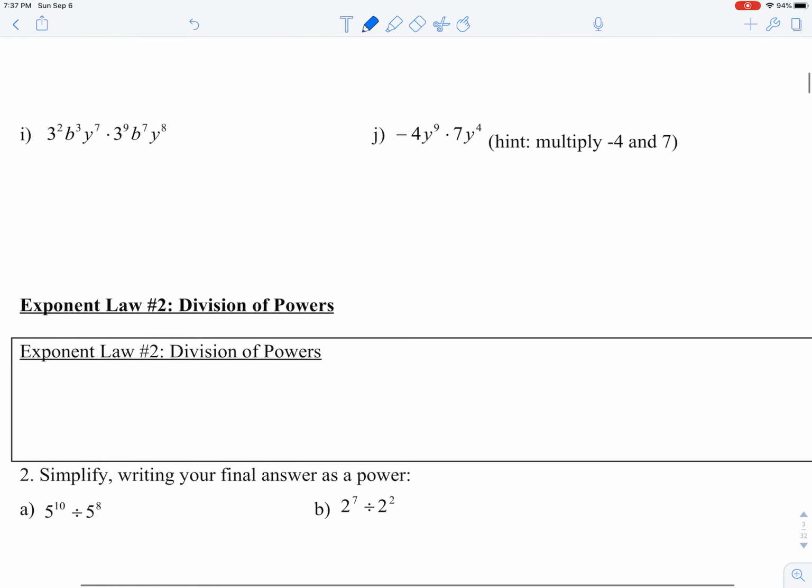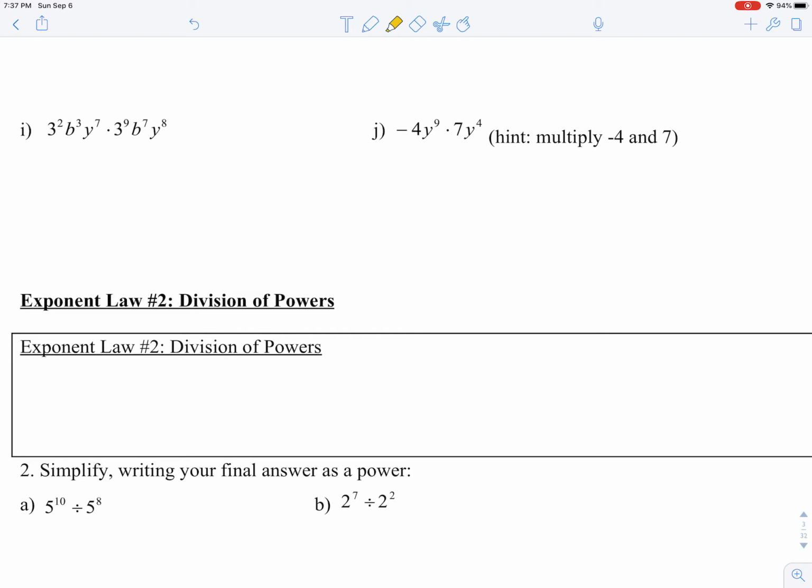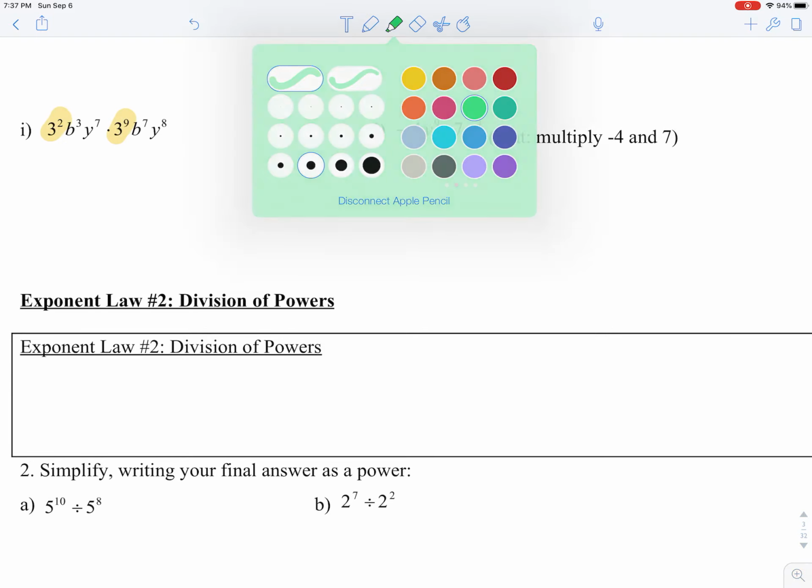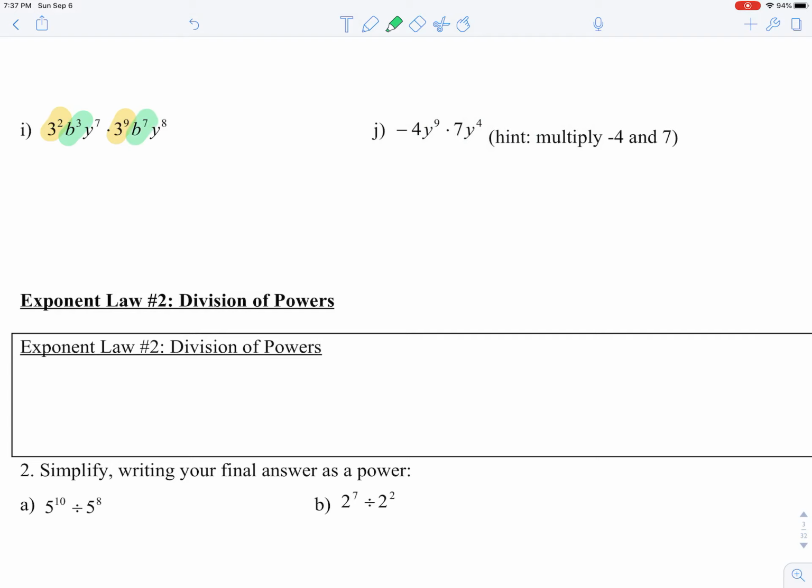A last 2 to do. Going to need 3 colors here, so I've got base 3, then I've got base b, and then base of y as well.